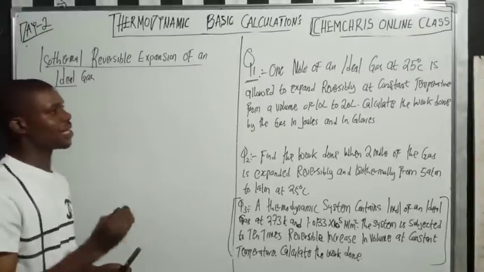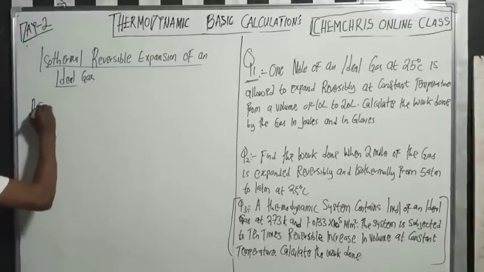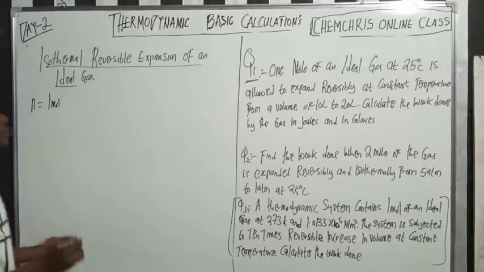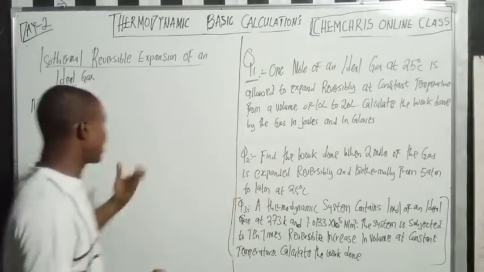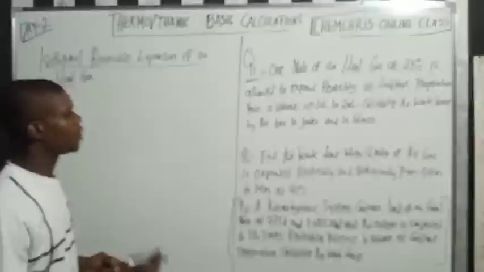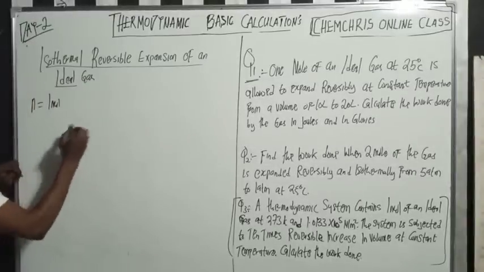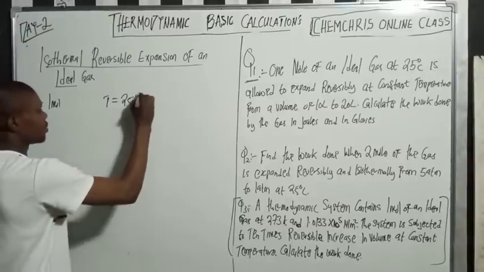So let's look at the question. Let's start. 1 mole of an ideal gas at 25 degrees centigrade. So the number of moles is 1 mole. At times it can be 2 moles, 3 moles, 5 moles, depending on the value of the mole. But here they say 1 mole. Now, 1 mole of an ideal gas at 25 degrees centigrade. That is my T is 25 degrees centigrade.